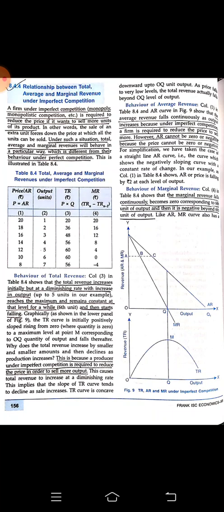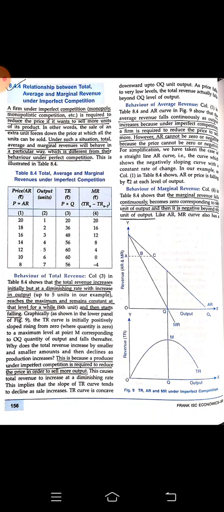This is because a producer under imperfect competition is required to reduce the price in order to sell more output. You can see in the graph also, the TR curve is originating from 0, going up, reaching its maximum, stopping there for a while, again bending downwards.